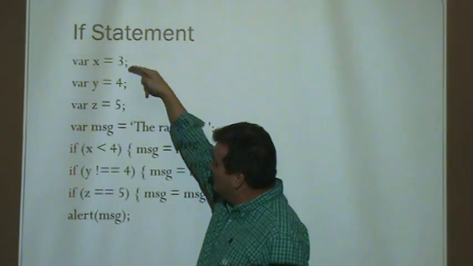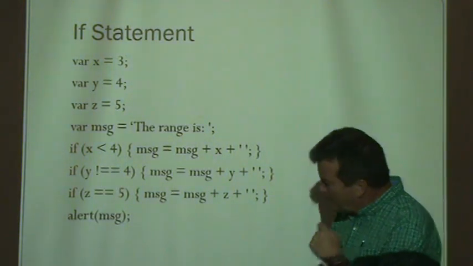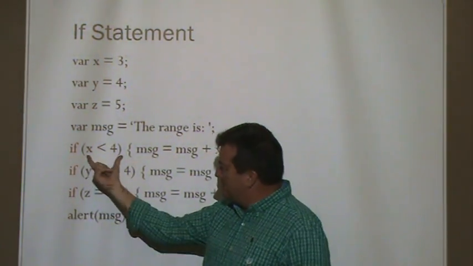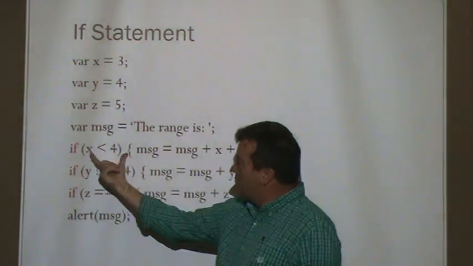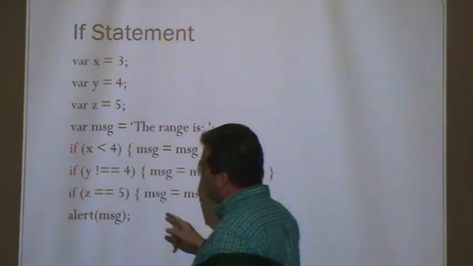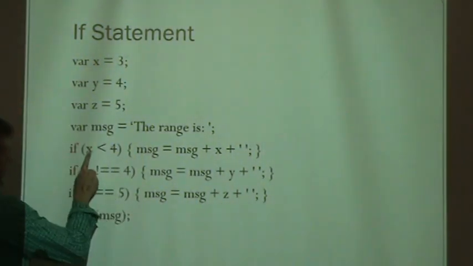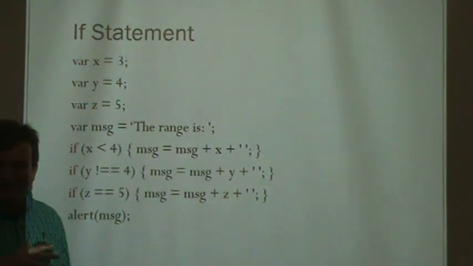These ones run. These will definitely run because we just said run this line of code. But if we say if and then put in a statement that's either true or false, then this line of code will only run if this statement is true. So for example, x is equal to 3. Is this statement true? X is less than 4. If x is 3, is x less than 4?